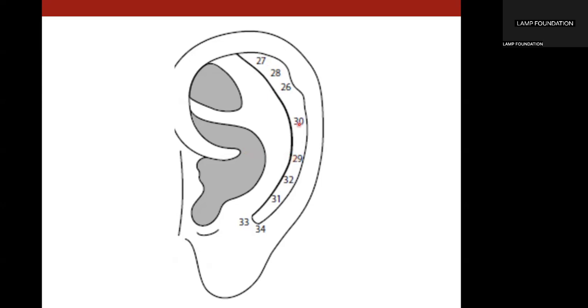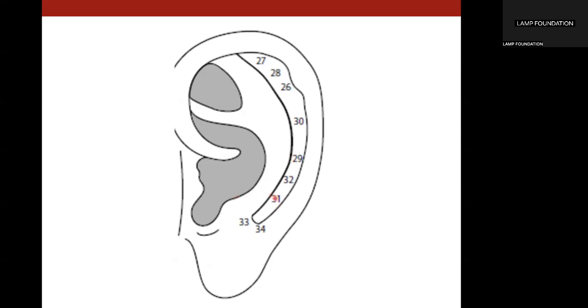Number 30 is elbow point. So this is midway between wrist and shoulder points. Then number 31 is the clavicle point. And our landmark here would be the height of the Antitragus.